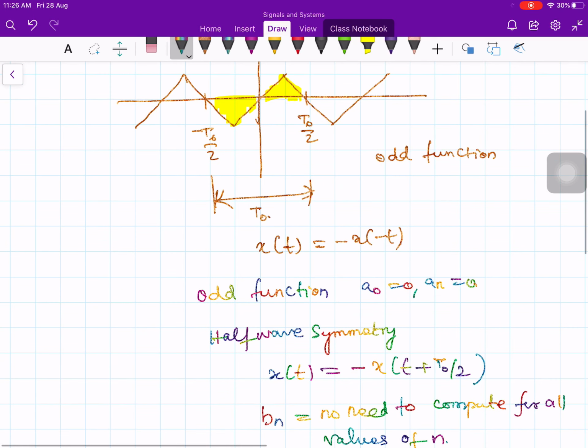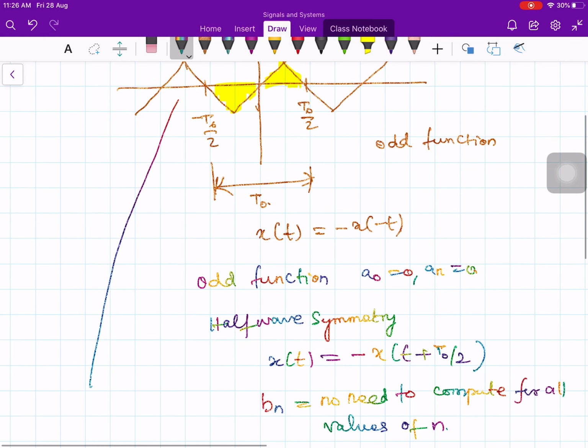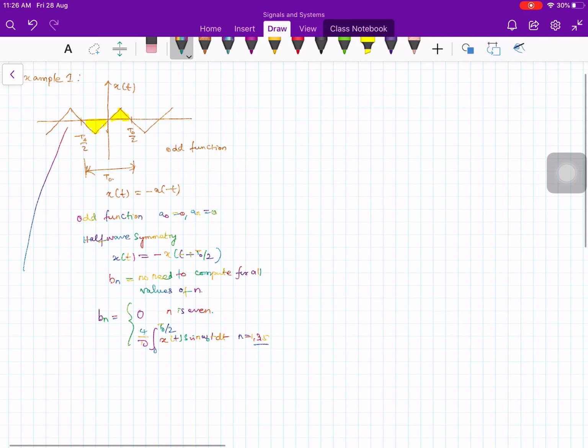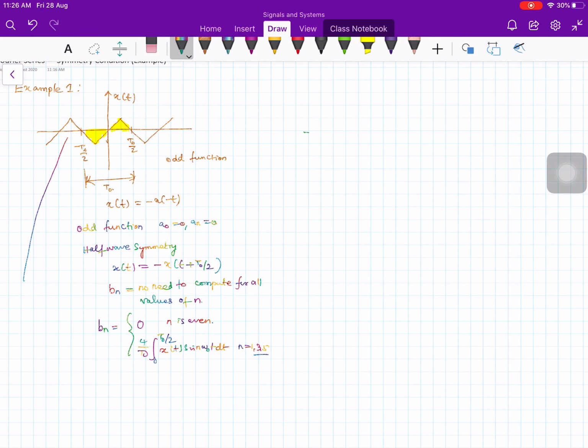Now suppose I take the same waveform and shift it to the right or to the left by half the duration, and let's see what will happen. Let me shift to the left by half the duration. Let me draw the waveform very slowly and meticulously.